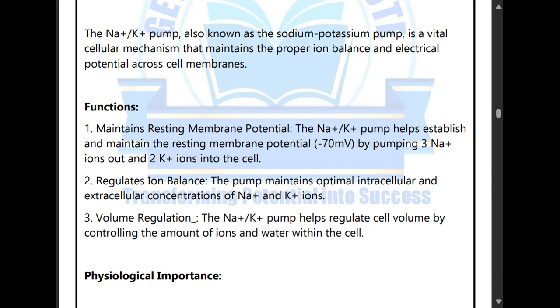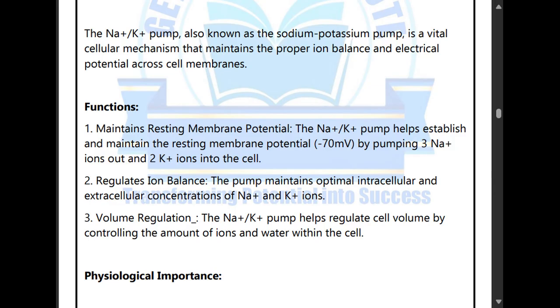That is where we talked about the three major key players in maintaining it: the leaky sodium channels, the leaky potassium channels, and then the sodium potassium pump ATPases.